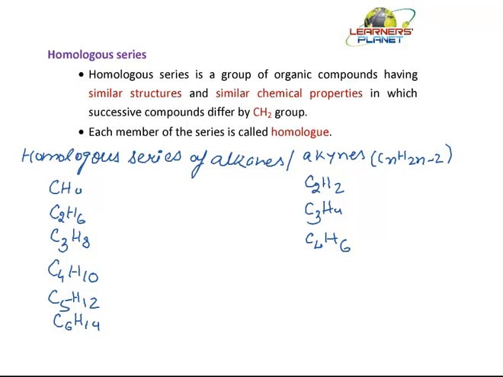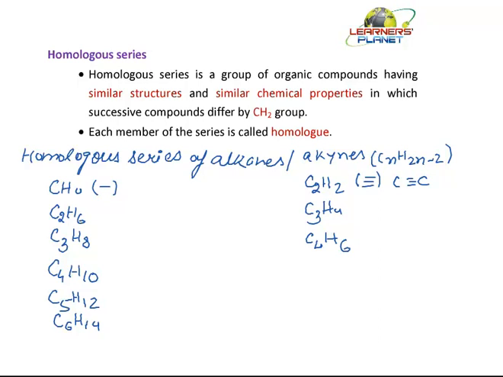Now what do we find in this? There is a triple bond in each and every member. This triple bond is present between two carbon atoms, and the other bonds between carbon atoms are single bonds.